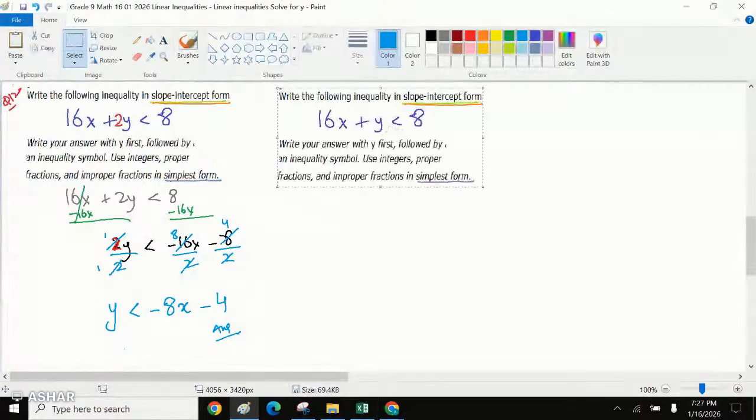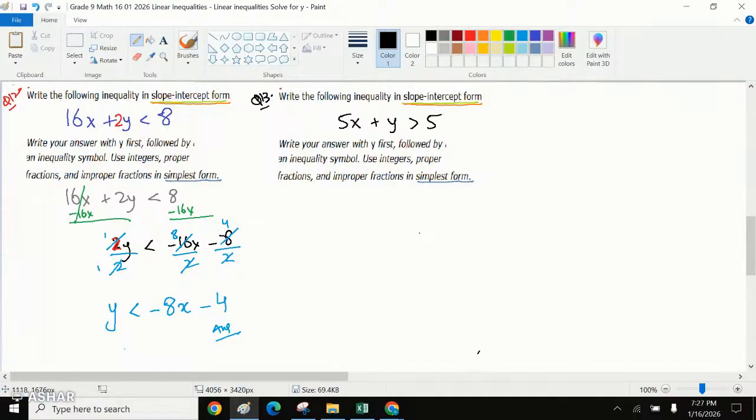Okay. Moving on to the next question. It says, write the following. That is question number 13. Let's look at the values given to us in the examples. Okay. It says 5x plus y is greater than 5.